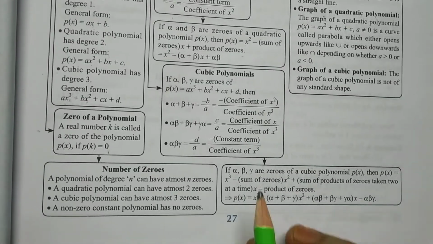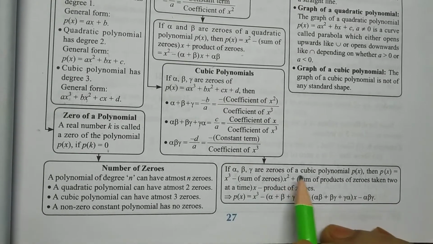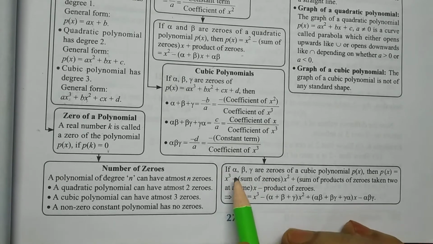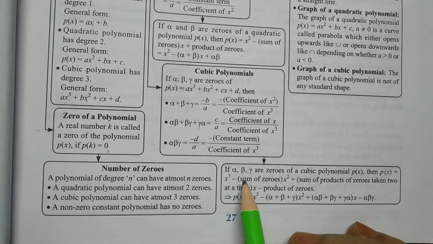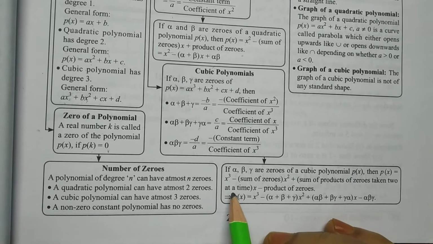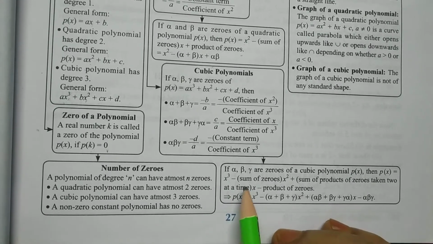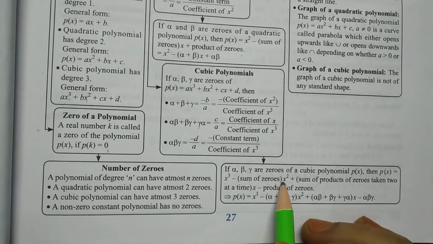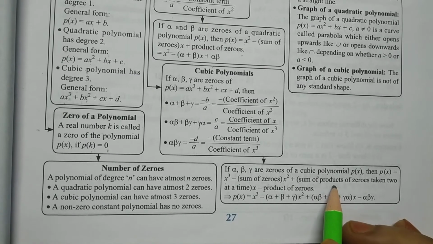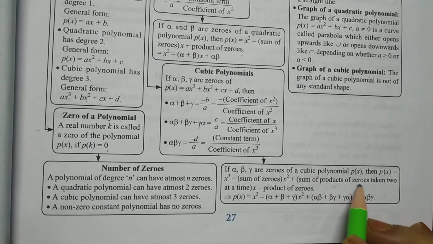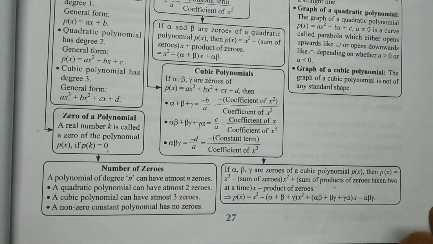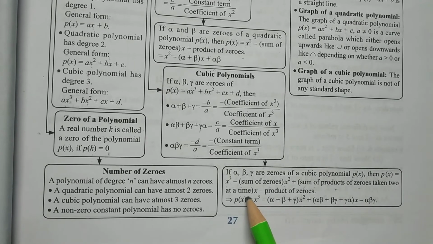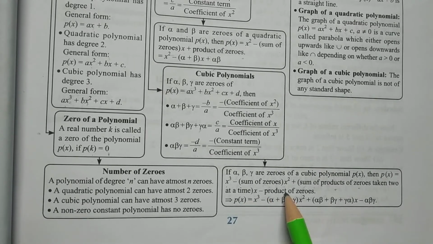Now if alpha, beta, gamma are zeros of a cubic polynomial p(x), then if we know these zeros, we can directly write the polynomial this way: p(x) is equal to x cube minus sum of zeros into x square plus sum of product of zeros taken two at a time into x minus product of zeros.